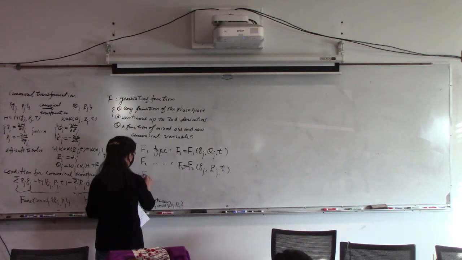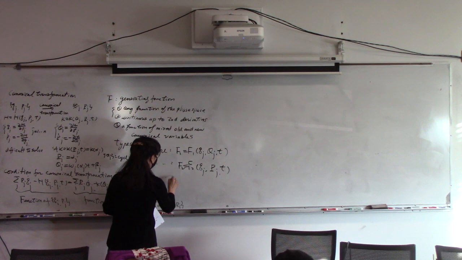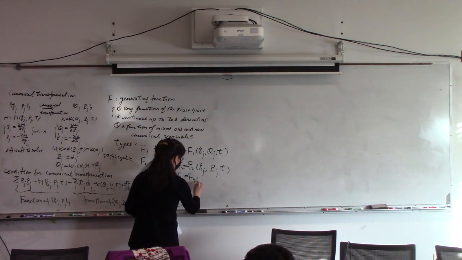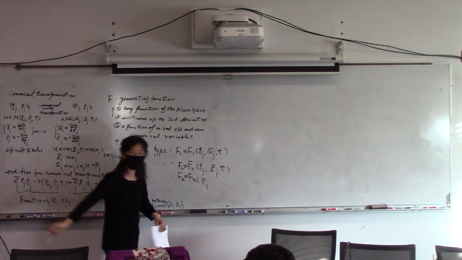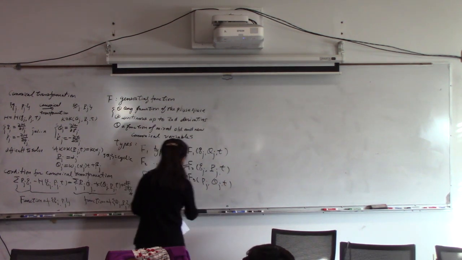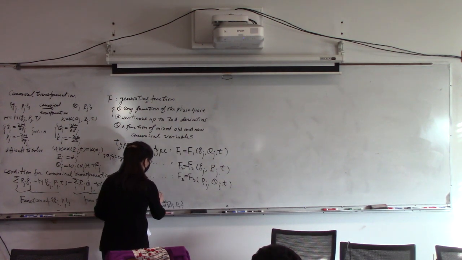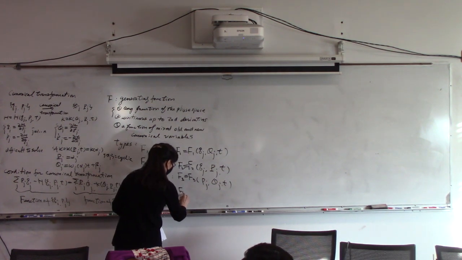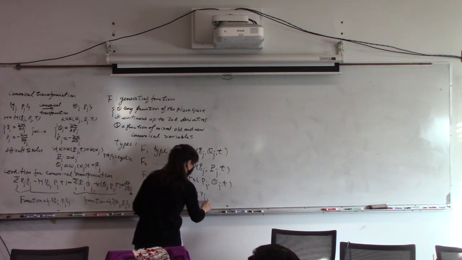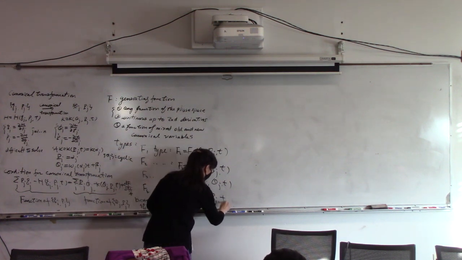Then you can take another type of mixture: F3 is a mixture of the old conjugate momentum with the new generalized coordinates, or F4 type is another mixture of the old conjugate momentum and the new conjugate momentum.